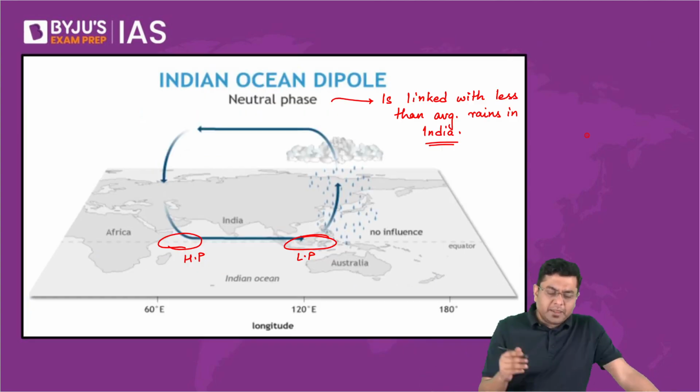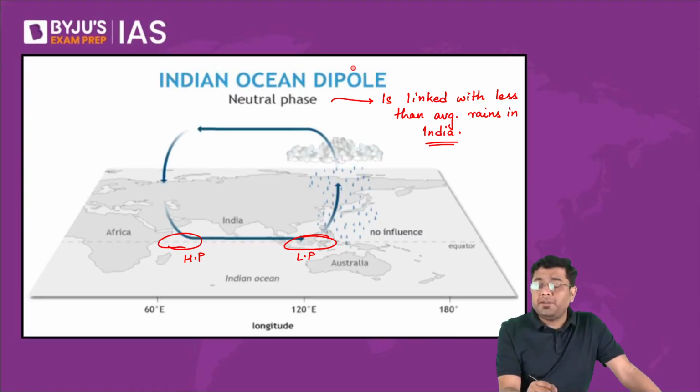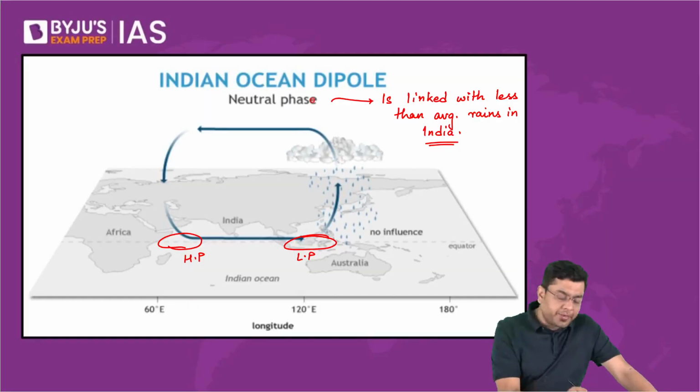So again, by the way, in the neutral phase, out of the region of Arabian Sea and Bay of Bengal, where is it that you will experience greater occurrence of tropical cyclones? In the neutral phase? Very good. Bay of Bengal. Why? Because in the Western Indian Ocean, you have sinking air.